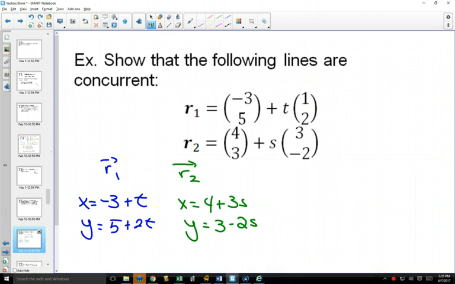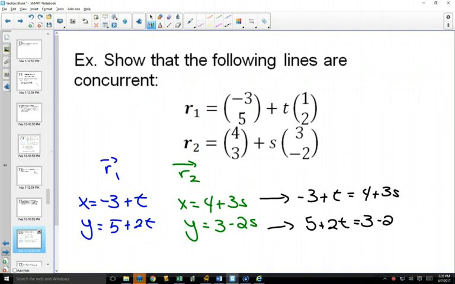Putting those together, we get -3 plus t equals 4 plus 3s and 5 plus 2t is equal to 3 minus 2s.